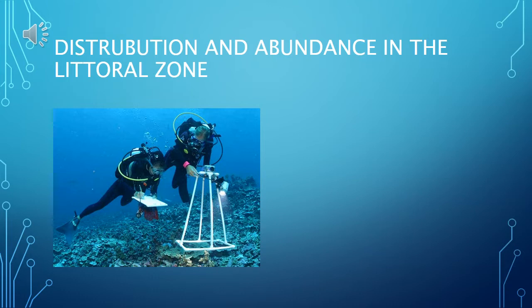And what we do is that we place this somewhere at the sea bottom or on the beach, and then we look at what organisms are within that quadrat. The reason for doing this is so I don't just look for the things I find interesting, but that you sample and record the things that are within a certain limit.